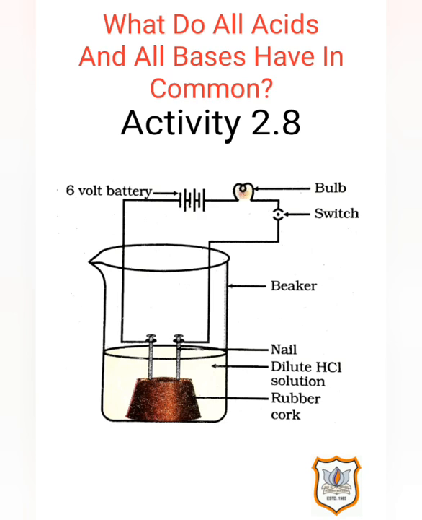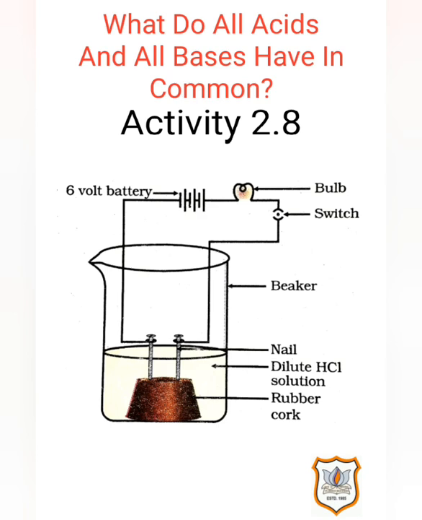Take solutions of glucose, alcohol, hydrochloric acid that is HCl, sulfuric acid that is H2SO4, etc. Fix two nails on a cork and place the cork in a 100 ml beaker as shown in the figure. Now connect the nails to the two terminals of a 6-volt battery through a bulb and a switch as shown in the figure.